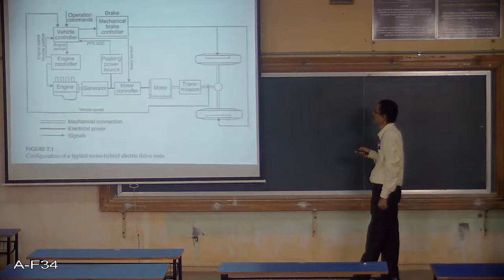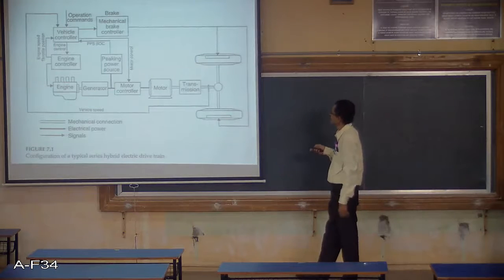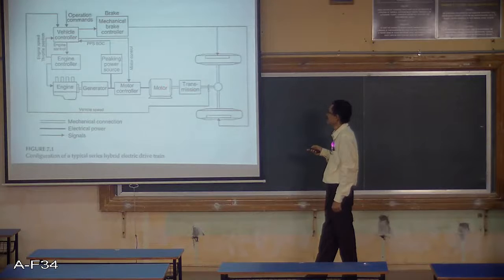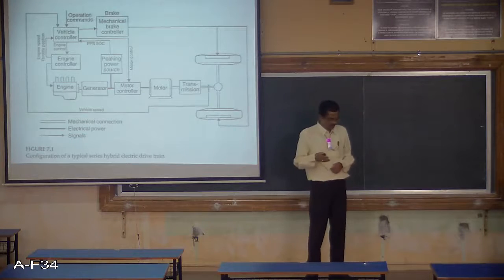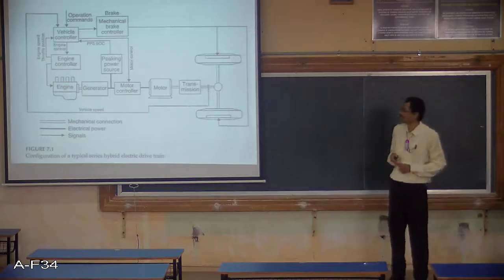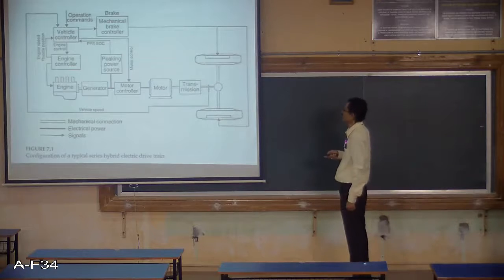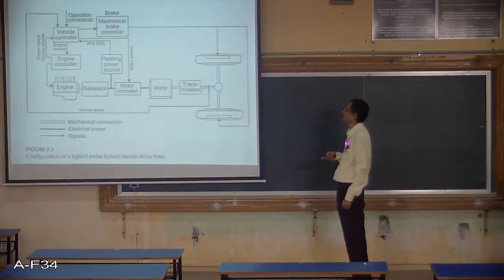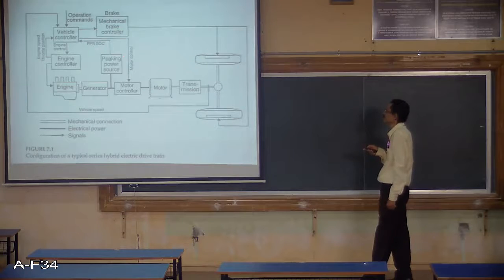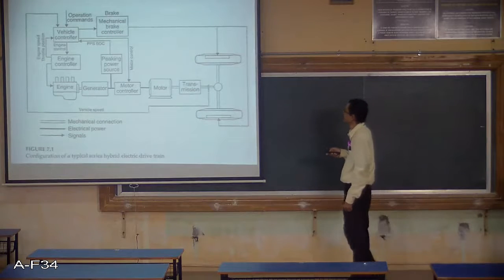This peaking power source provides power to the electric motor if the generator is not in a position to supply the power to the motor under certain conditions, such as a sudden requirement of higher torque or higher speed at a particular point of time. Then this peaking power source can be utilized, and it will support the generator in supplying power to the motor. Under normal running conditions, this peaking power source may not be connected to the motor controller.